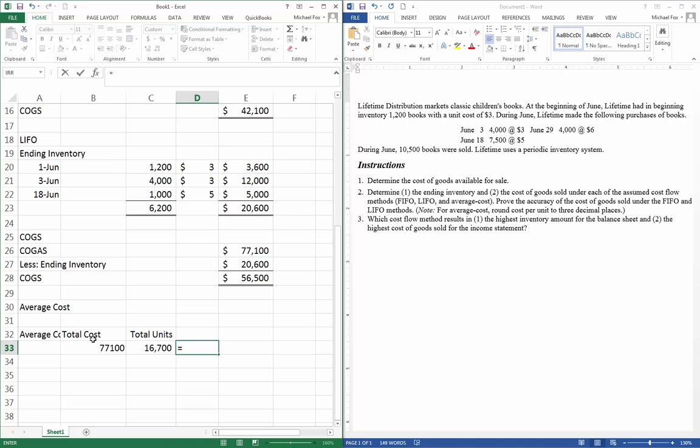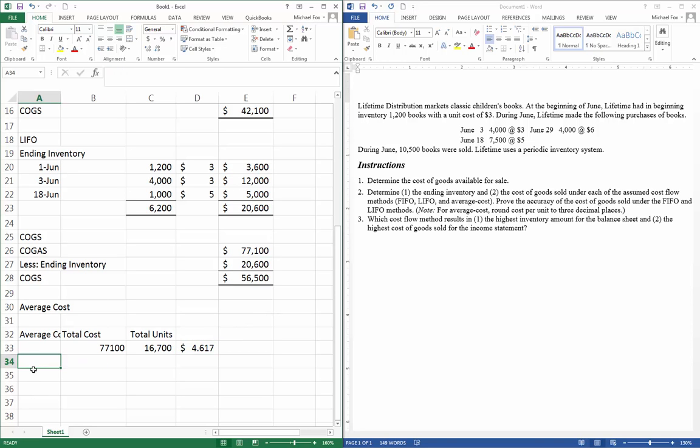So our average cost per unit is, let's make sure we have enough decimal points here. It tells us to go out to 3 decimals in the instructions, so it's $4.617 per unit.